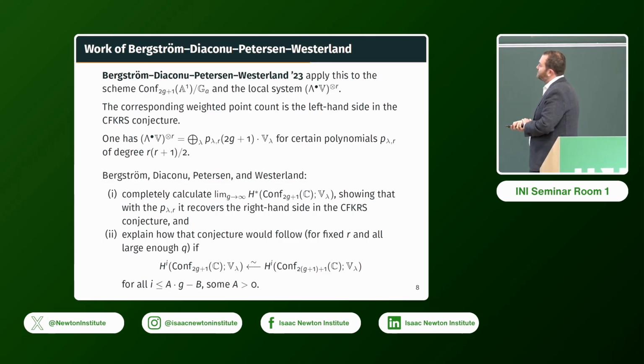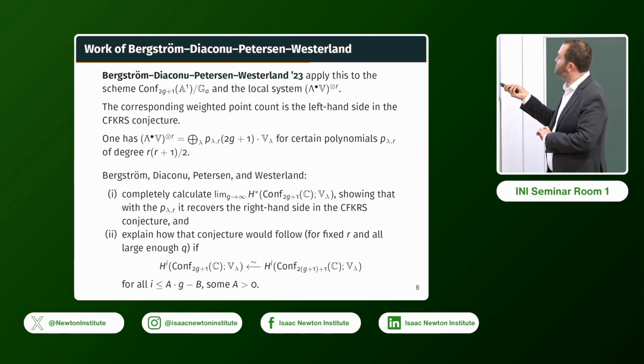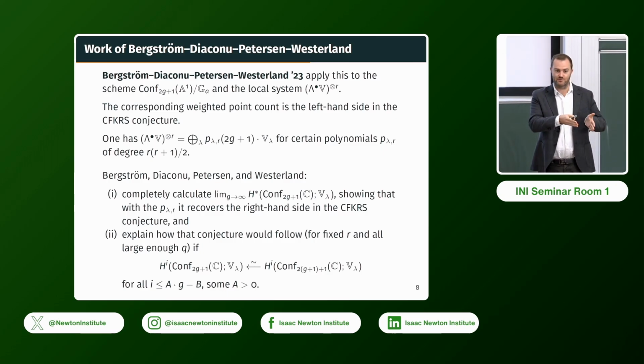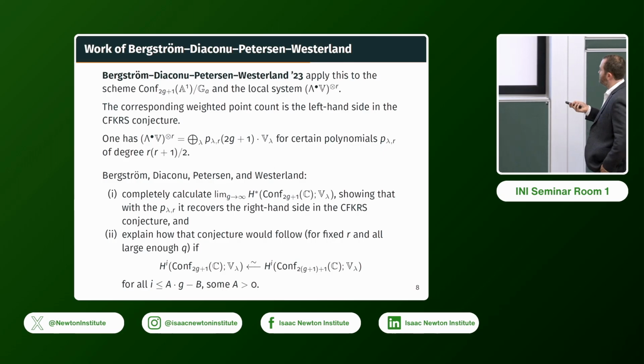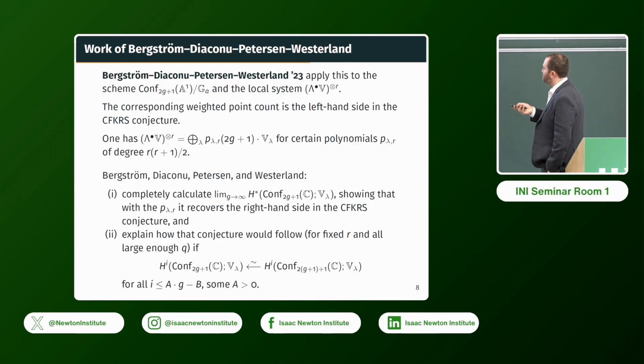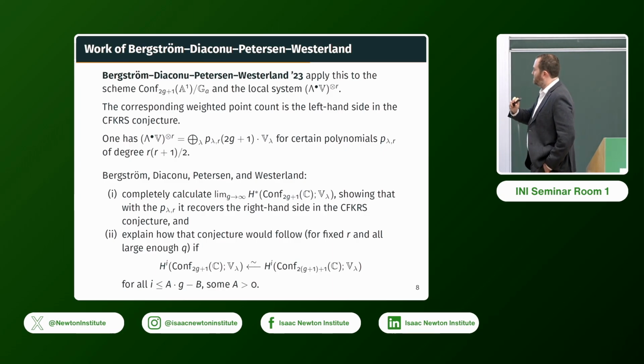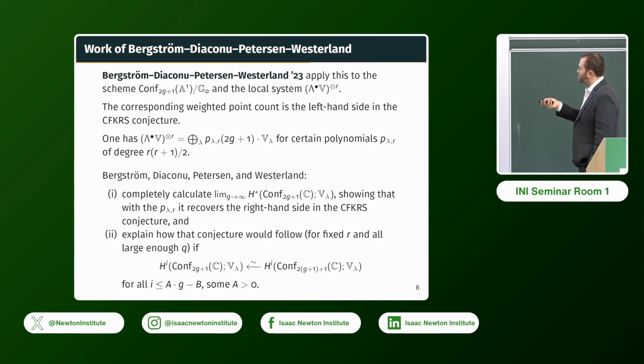So they also show that you want to replace the sort of G equals infinity answer with the G equals G answer, because that's what you're actually interested in. And they show that the conjecture would follow for fixed R and all big enough G if one knew that the cohomology stabilized with G. And let me emphasize this because this is very important. You need to know a formula like this.